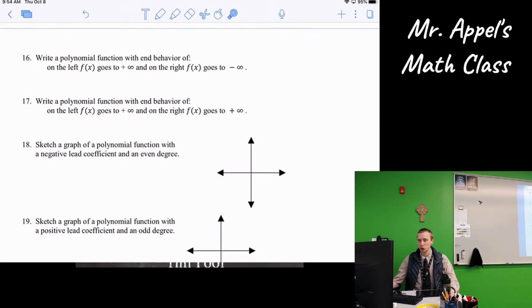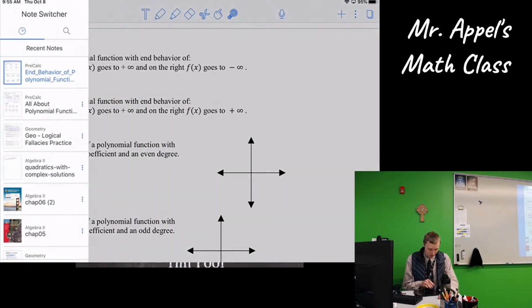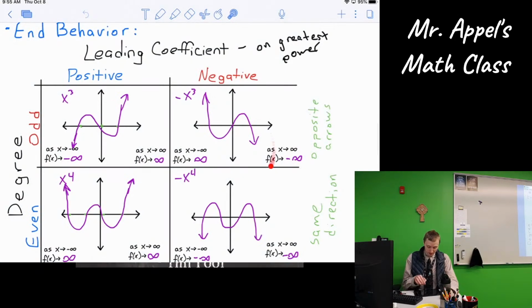On page 2, you're dealing with writing a polynomial from scratch that follows these behaviors. And you can write anything you want here as long as it conforms to these requirements.